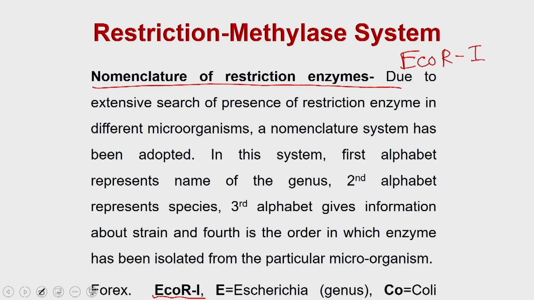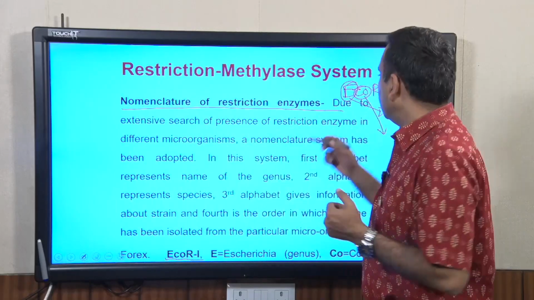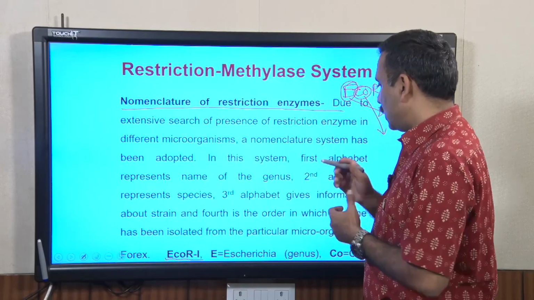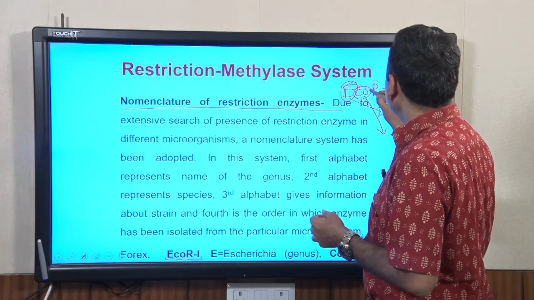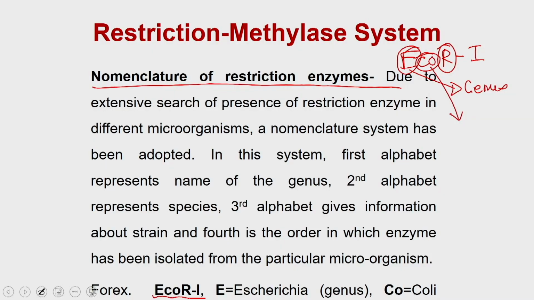The nomenclature is that the first letter is the genus of that particular organism. The second is the species. So in this case, EcoR1, E is Escherichia, the CO is coming from coli, and then R is the information about the strain.